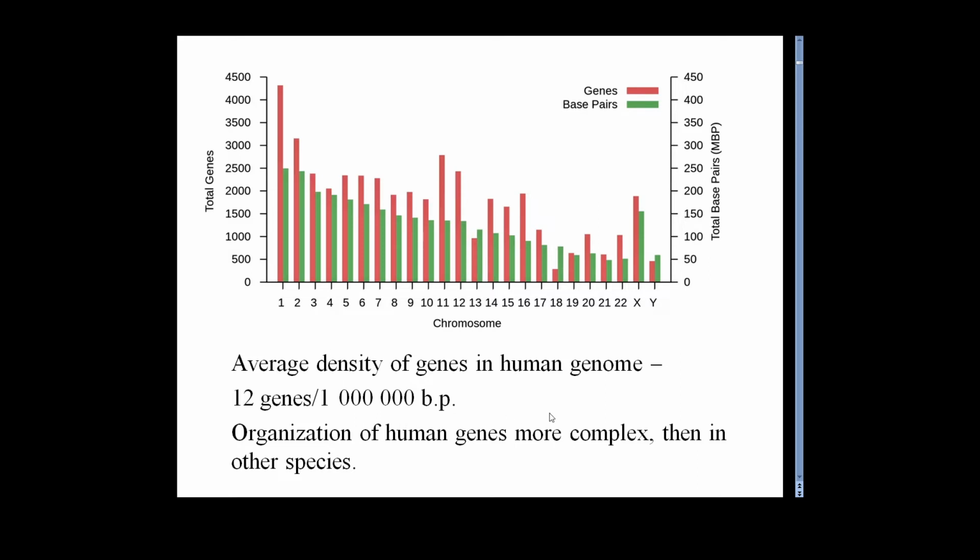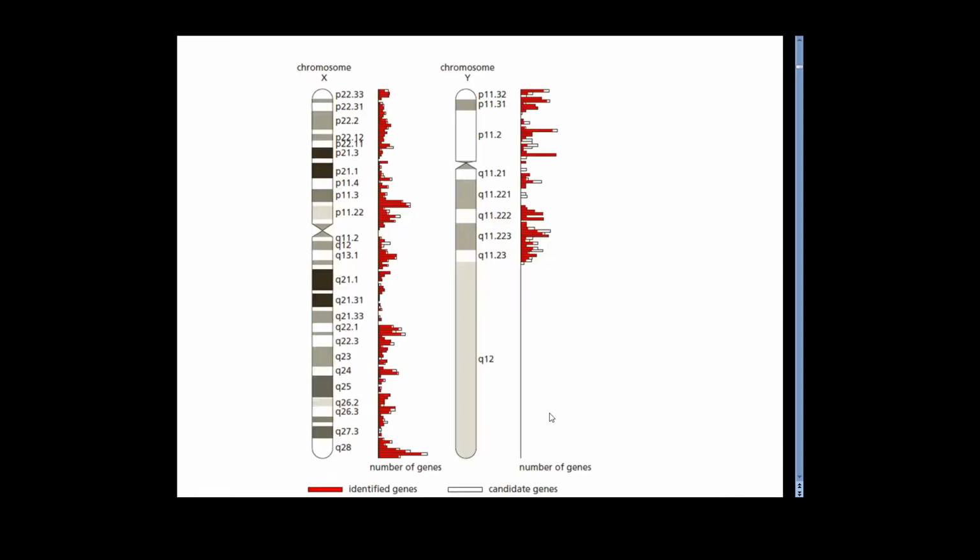But of course, it's very uneven. And now you can see the distribution of genes, sometimes candidate genes, sometimes maybe pseudogenes.